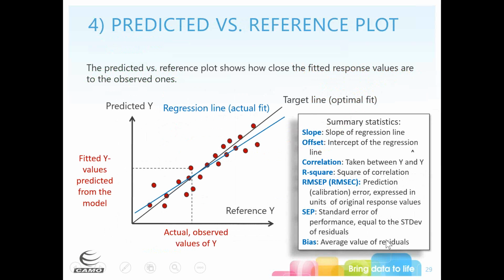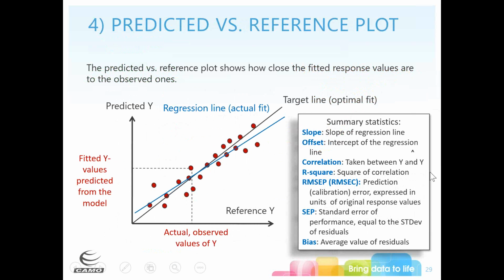We take a look at our predicted versus reference plot. Again, don't look at this until you have made your decision of how many factors you're going to look at. What this does is look at your predicted value, what your model is telling you your value is, versus your actual known value of y. And so a perfect response would be a 1-to-1, that target line, with these data points very close to each other.